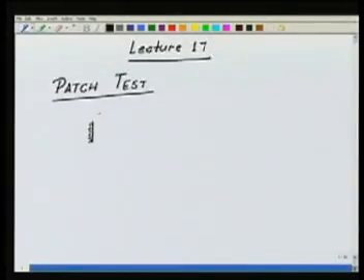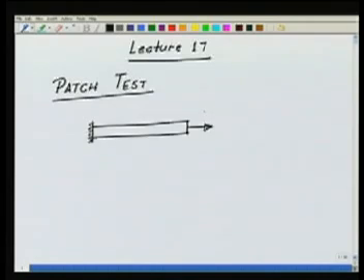What is the basic idea? As I had mentioned, let us take this problem. This is a bar again of length 1.